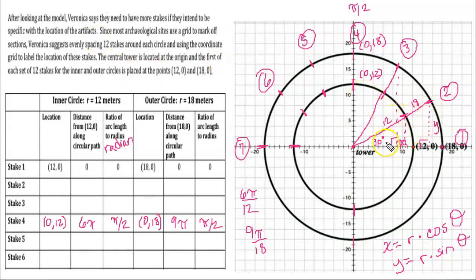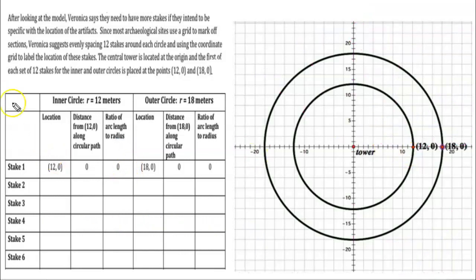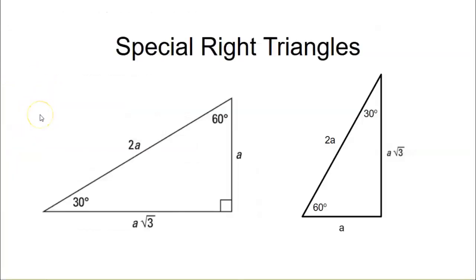So how might I find the lengths of these different sides and actually get an exact answer and not a decimal answer? And that's where it's helpful for us to go back and remember our special right triangles. If you recall from Math 2, we learned that certain triangles have ratios that are worth remembering.